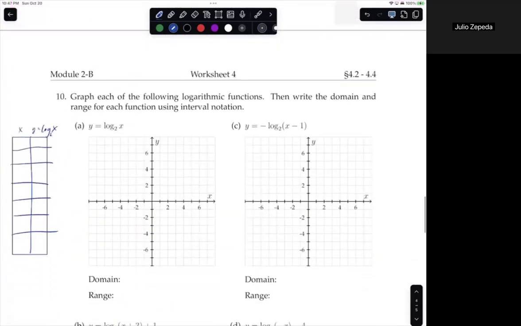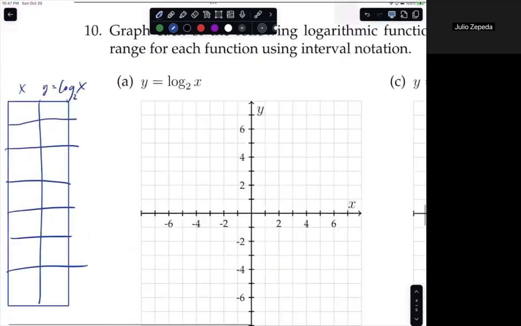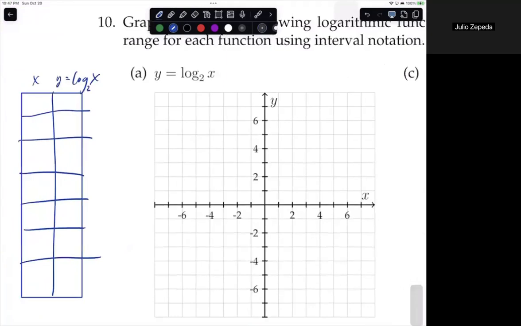Because they're inverse functions, we know that the x's and y's just switch, and then we can graph that. That's essentially what we're going to do, but actually I want to just do a couple of them first by hand, the long way, and then show, well, this is just the table that we had before, but flipped.